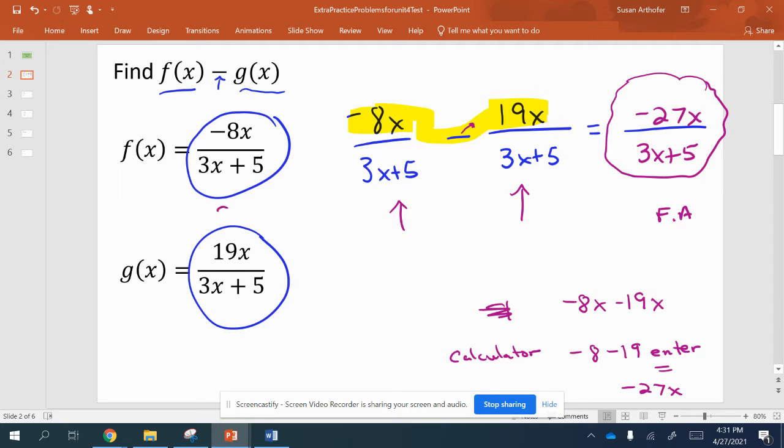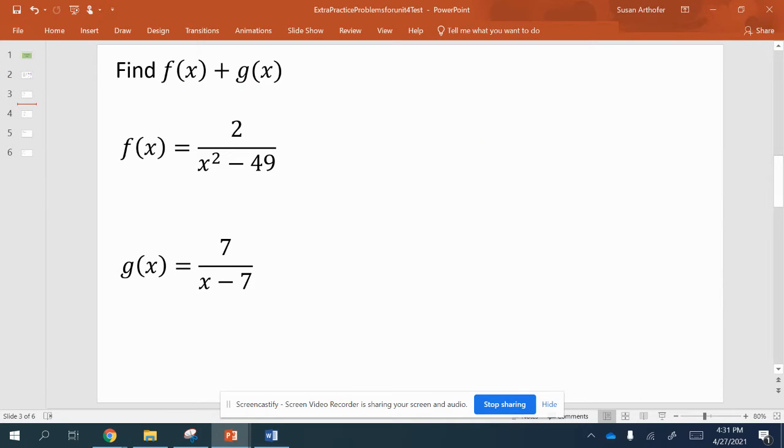All right, so this is when we have the same denominator. We just bring the same denominator over. On the next screen, we're going to have different denominators, so we have to get the same denominator.